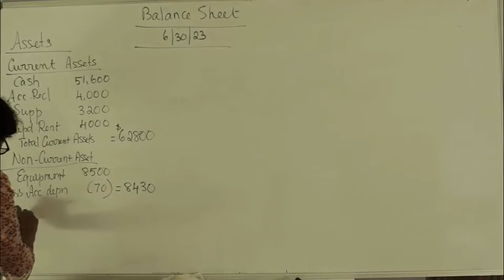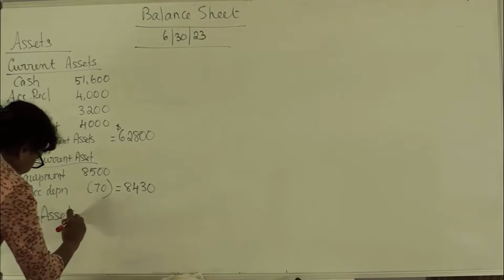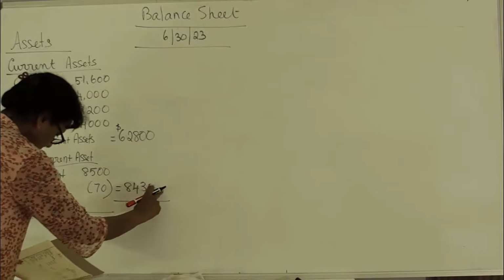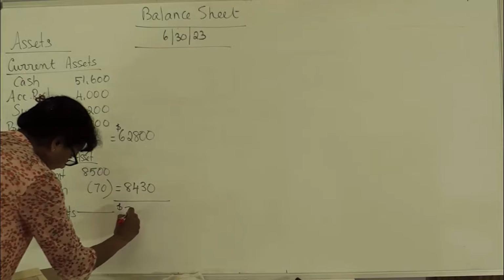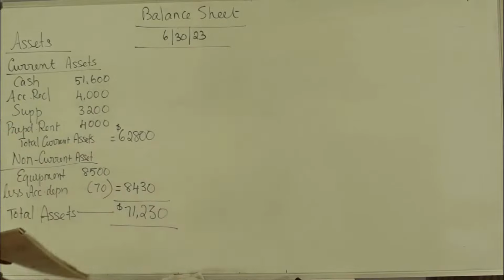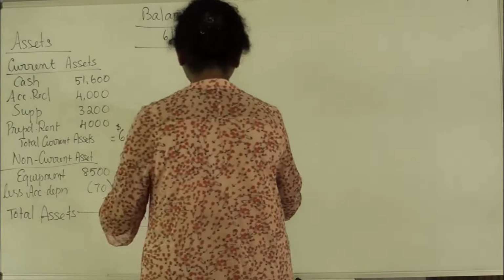So your total assets equal this plus this, 71,230. Now you go to your liability section.